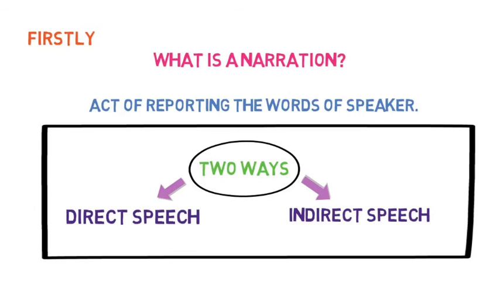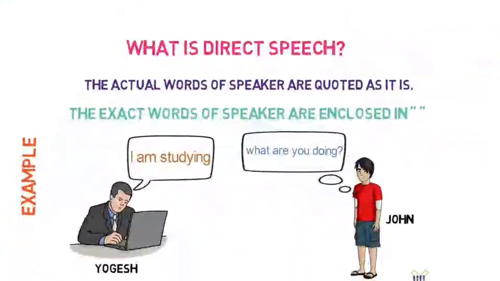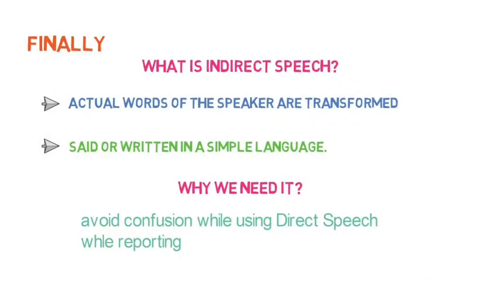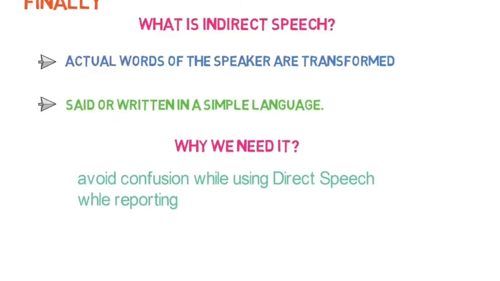In direct speech, the actual words of the speaker are quoted as they are without any change. The exact words of the speaker are enclosed in inverted commas. Finally, in indirect speech, the actual words of the speaker are transformed and are said or written in simple language. That's all about direct and indirect speech in this video.